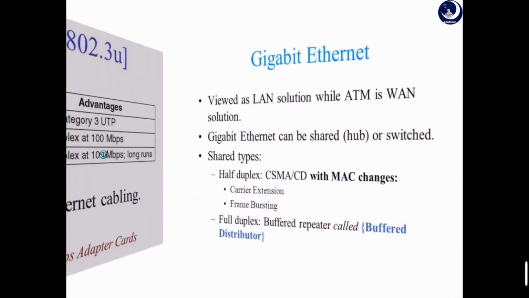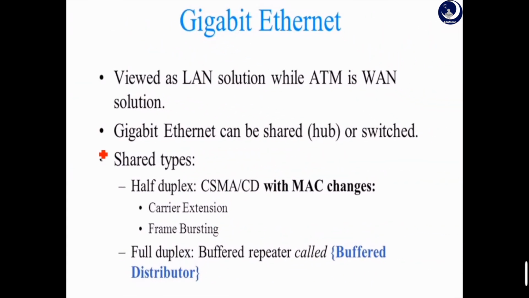Now coming to gigabit Ethernet. It uses a point-to-point link, the same as fast Ethernet. It supports two operations, full duplex and half duplex. And it has two features.